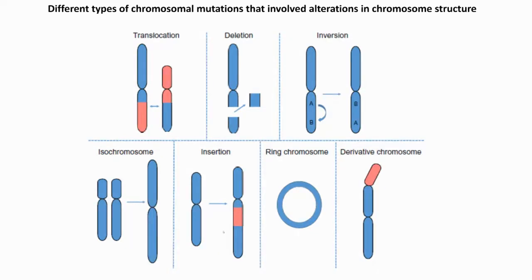Insertion, so another piece of chromosome region inserted into this chromosome. Or they can make a ring, so it's a ring chromosome. Or derivative chromosome, that's another piece of chromosome region attached to this normal chromosome. That gives you 3 pieces here. That's derivative chromosome. Okay, so these are commonly seen chromosomal mutations: translocation, deletion, inversion, isochromosome, insertion, ring chromosome, derivative chromosome.